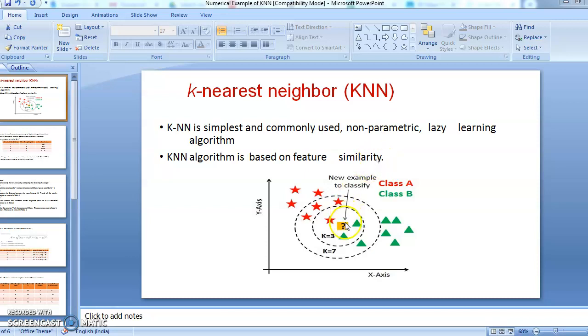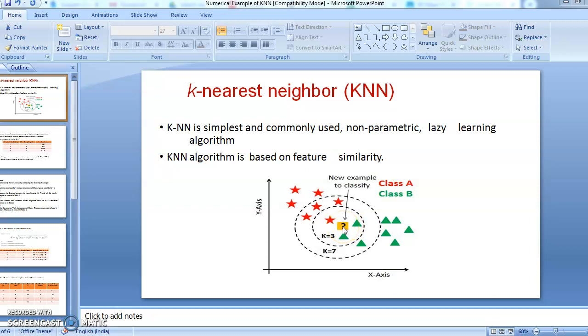So now what do we mean by feature similarity? Take this example. Suppose this data point marked as a question mark in yellow color. If you want to find its class, either it belongs to class A, that is red, or it belongs to class B. So how can you decide this particular problem?